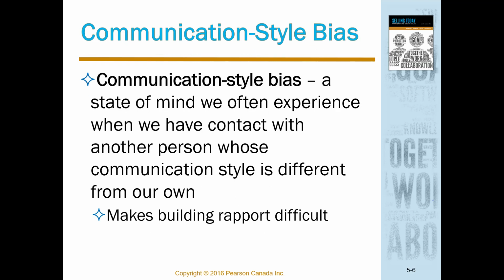So there's always a bias when it comes to communication style, which is a state of mind we often have or experience when we have contact with other persons. In other words, we have a bias, we have a set belief before we meet the person. And so this is why we have to make sure to find out what their style is, right?